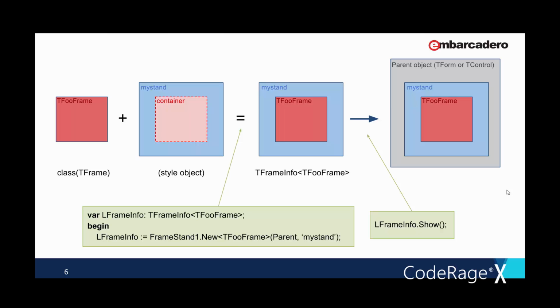So it's quite handy to have this shortcut. Keep in mind that when you want to show or hide this composition, you are no more showing or hiding the frame, but you can use the show and hide methods of the TFrameInfo class.